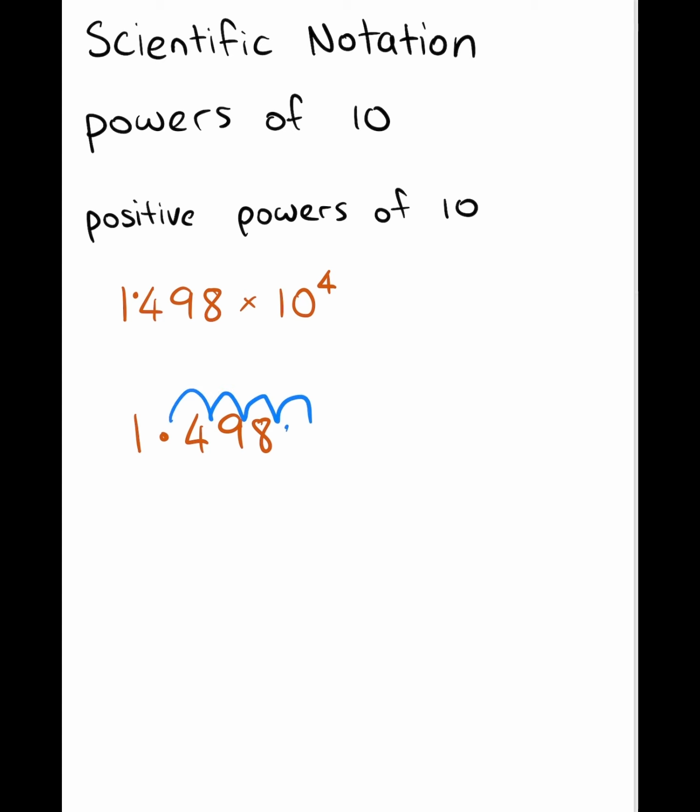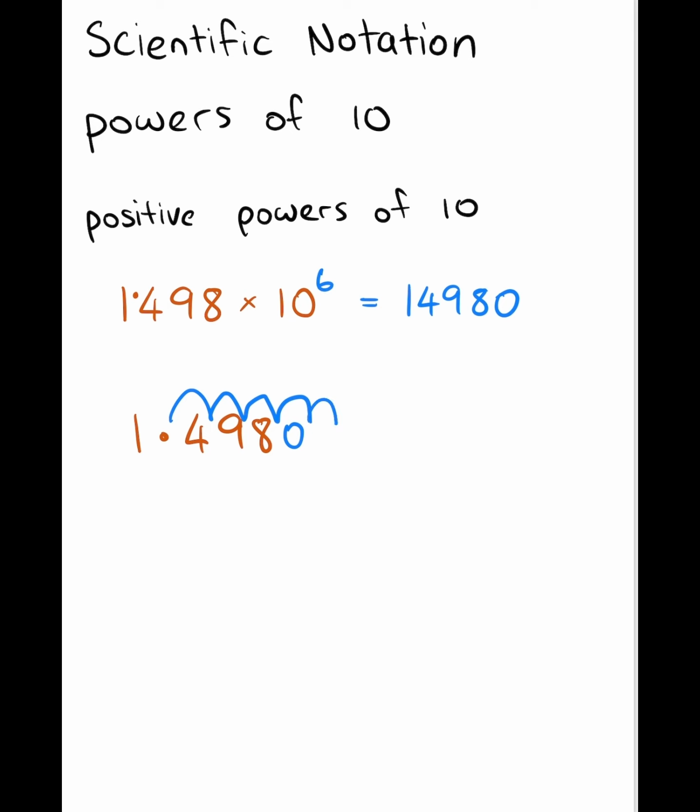We jump 4 times because that's the power we've got here, power of 4. And every time we have a jump beyond the values that we've got, we add a 0. In this case, we've only got 3 values after the decimal point, so we would have one more jump. Every time we do that, we add a 0.